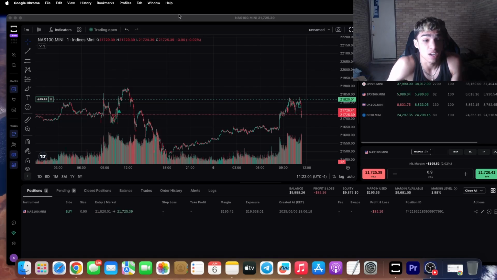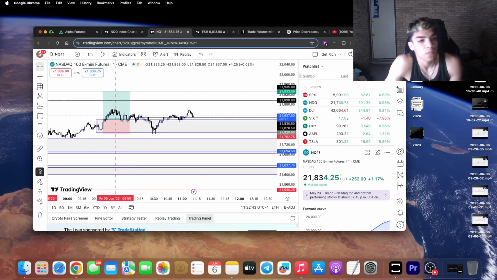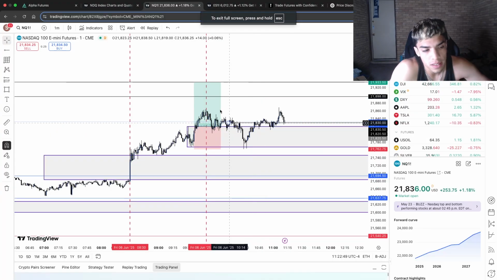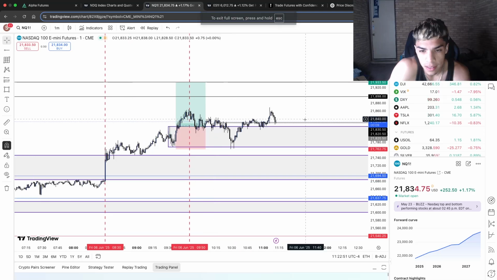Thank God I'm using fake money, because imagine I'd be stressed right now. I'd be pissed off, honestly. There's no way I can trade here. This just isn't right. But as long as I'm getting the analysis right at the end of the day, that's all that matters to me.